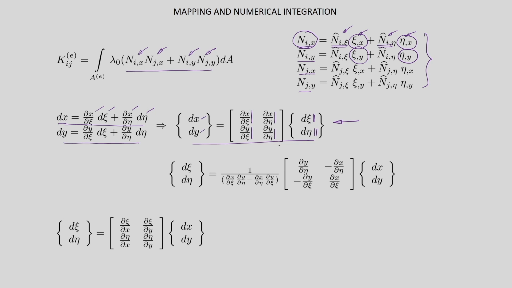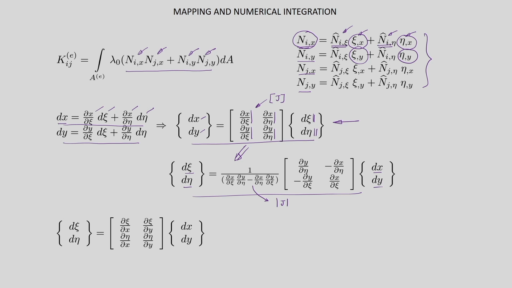So, once we know that, what we did was invert that relation. We said [dξ dη] is this matrix, which we termed the Jacobian matrix J. So, we inverted J and obtained this, right, where this denominator is basically the determinant of the Jacobian matrix, alright. So, this gives us a relation between dξ, dη in terms of dx, dy, fine.